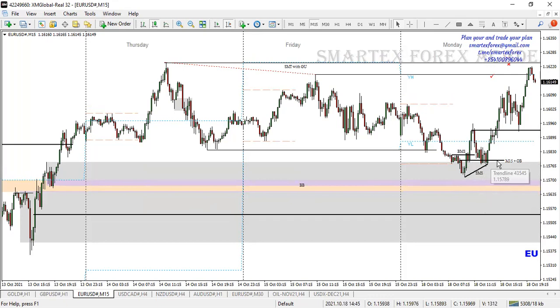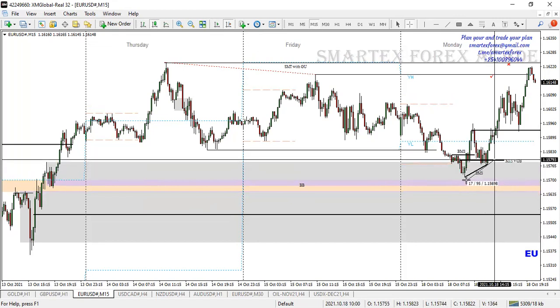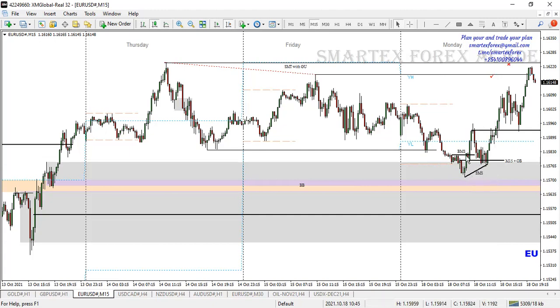Your entry is here at this M15 bullish OB, and your stop loss is below here. So if you took your entry here, with your stop loss below here, that is 90 pips. That's a good trade. First target is the buy side liquidity above Asian and yesterday's high.